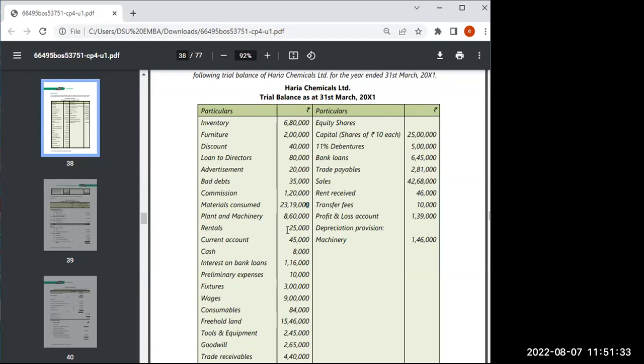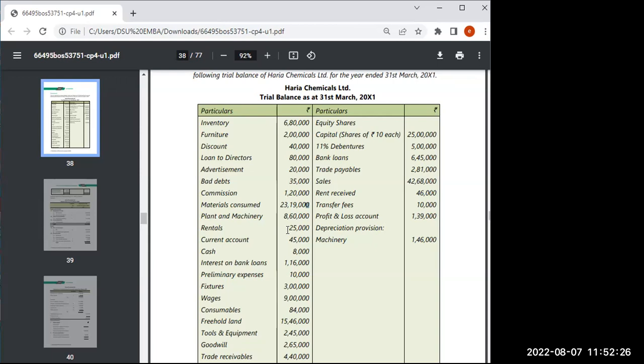It is equal to opening stock of raw material plus purchase of raw material plus transport cost on purchase of raw material minus purchase return of raw material minus closing stock of raw material.